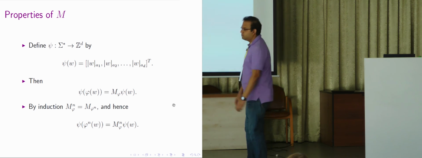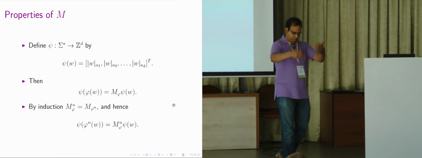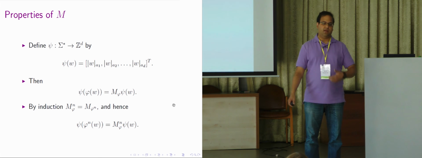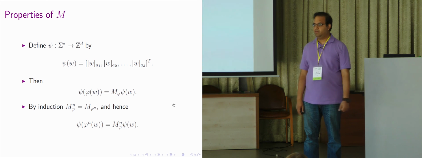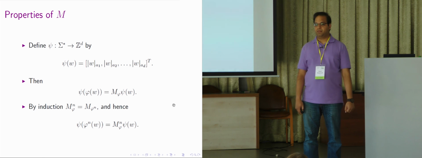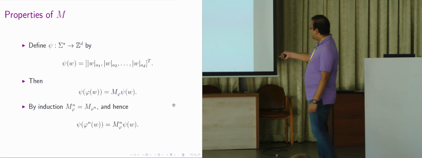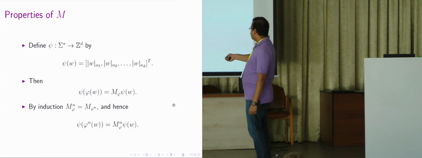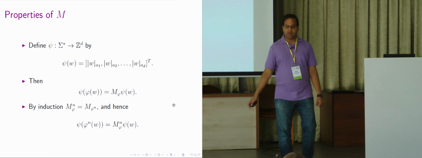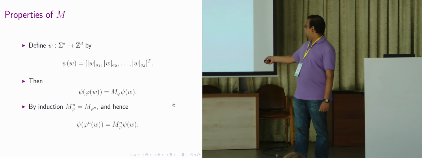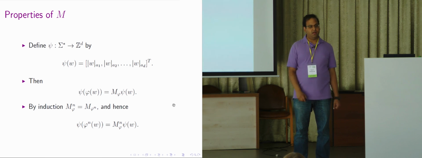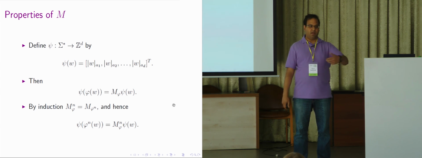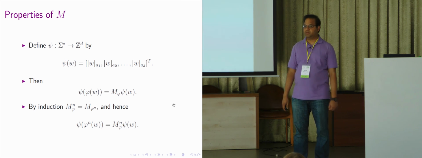So that's the point: the new vector is the old vector multiplied by the matrix of the morphism. And if I iterate some morphism phi n times, then the Parikh vector of the resulting word is obtained by multiplying the Parikh vector of the original word by the nth power of the matrix.